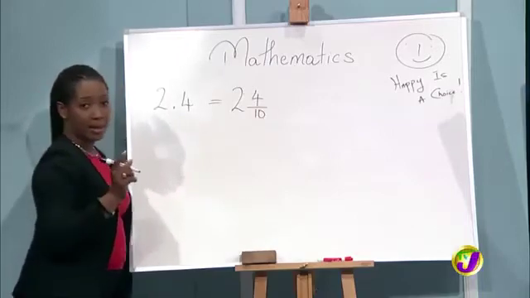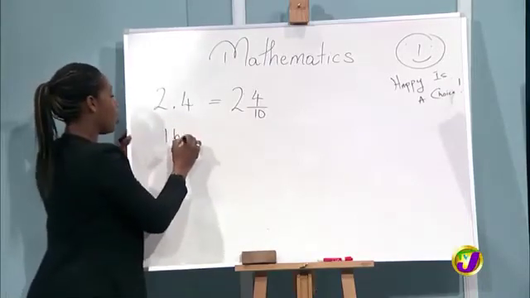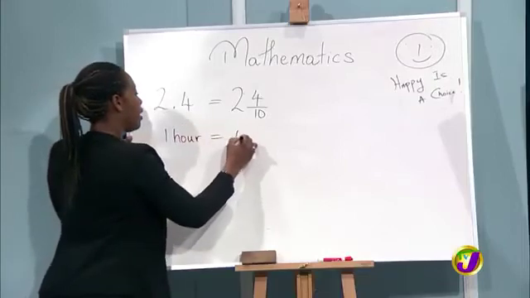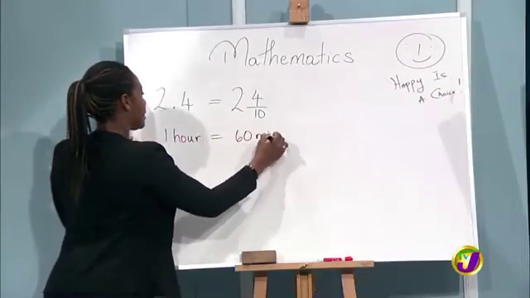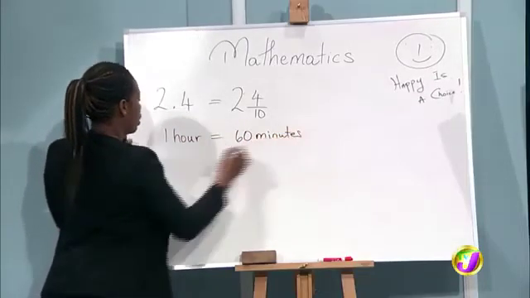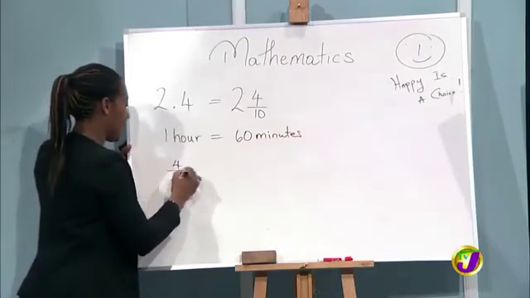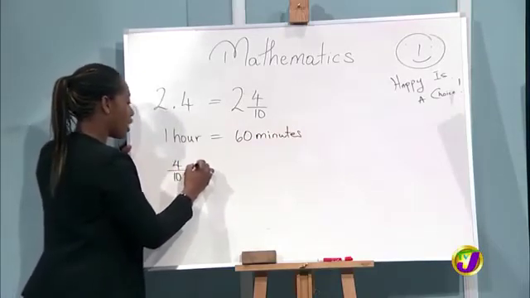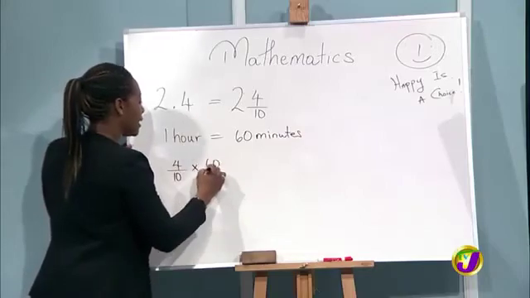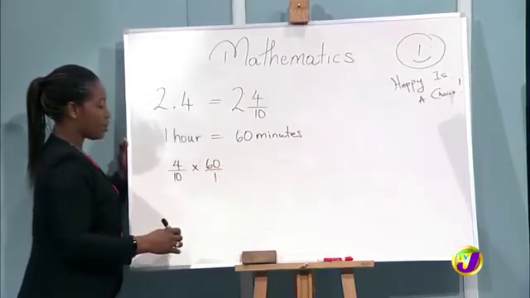How many minutes are in an hour? So we know that 1 hour is made up of 60 minutes. Great. So if we want to find what is 4/10 of an hour, we're going to have to multiply it by 60. So let's do that.